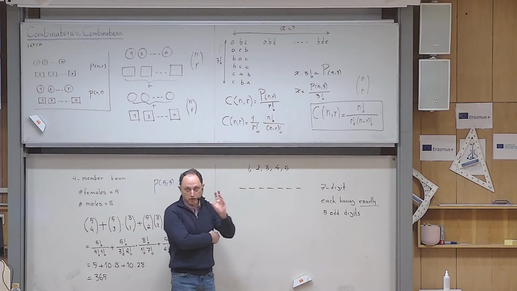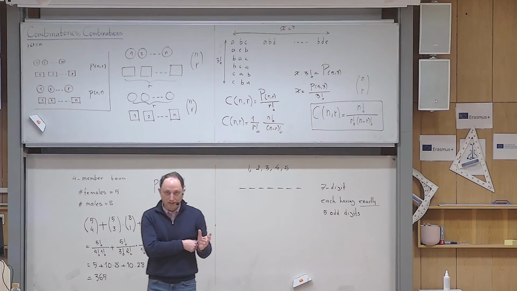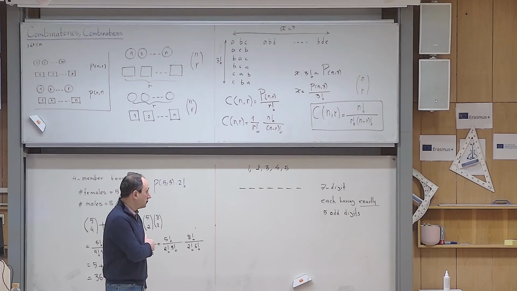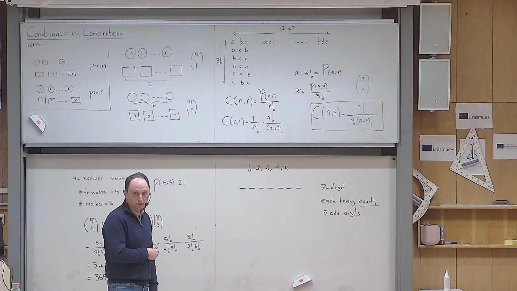So these are the odd objects that I have in my hand, and we need to have 5 odd digits. It means that I have to repeat at least one of them, and then this model will not work. Do you understand what I mean?